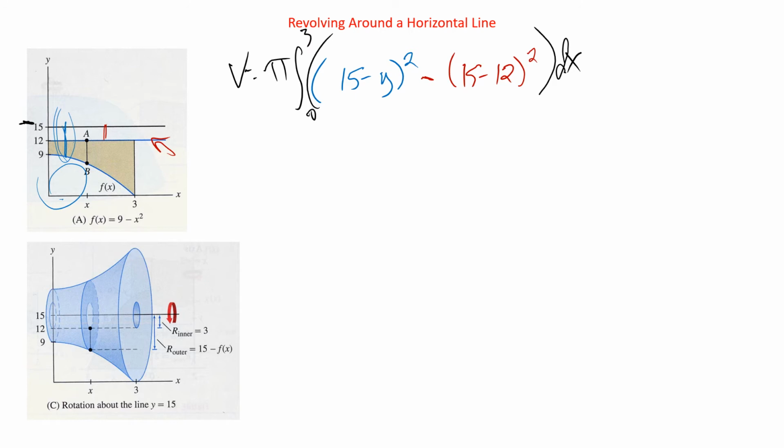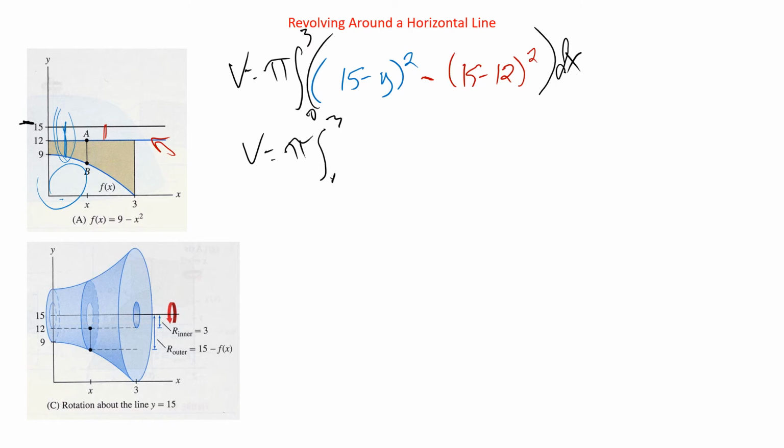So let's simplify this. Volume equals pi, 0 to 3, 15 minus y squared. We're going to want to square that out. I know, you just groaned. You can do this. It's just a polynomial. And remember, this is not 15 squared minus y squared.